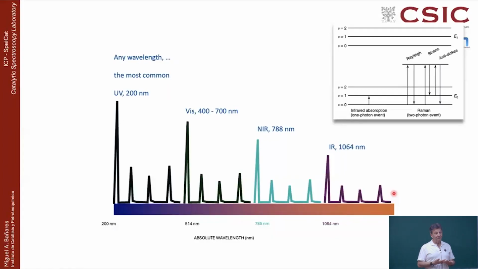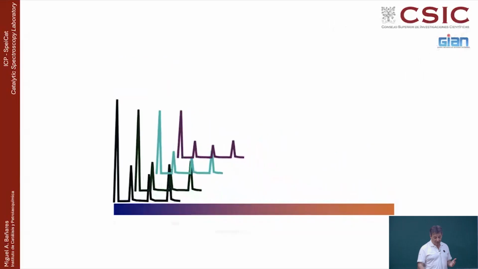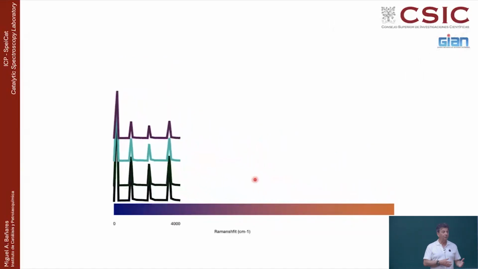Because the Raman effect increases with the fourth power of the energy of the photon, the fourth power. So basically from here to there, the increase of the Raman effect is dramatic. But the most important thing is that with respect to the laser, the energy that has been taken is the same. That's why we don't show absolute frequencies, but basically we say, with respect to the energy of the laser, where do I get the peaks?